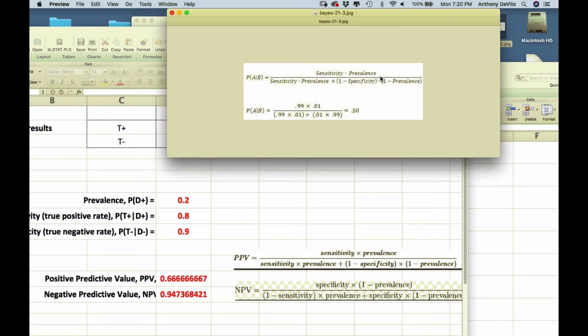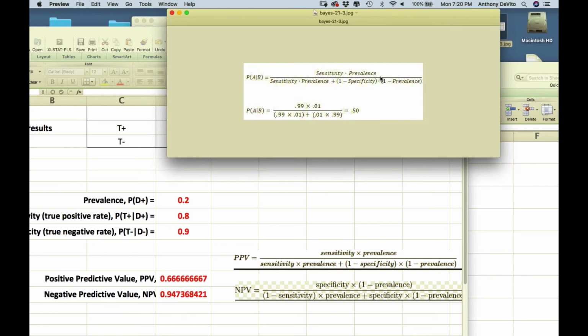80% of the time we'll correctly identify them with this test. That's the sensitivity. So 80% times 10% is 8%, right? 0.08. Am I right about that? 0.8 times 0.1 is 0.08, 8%.